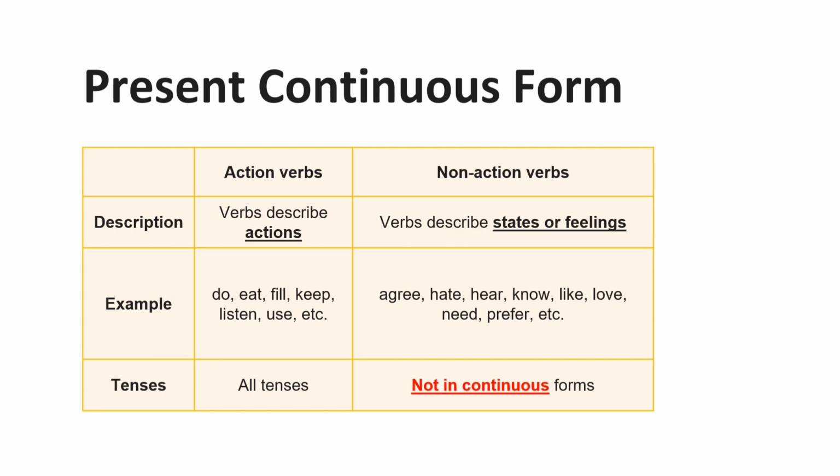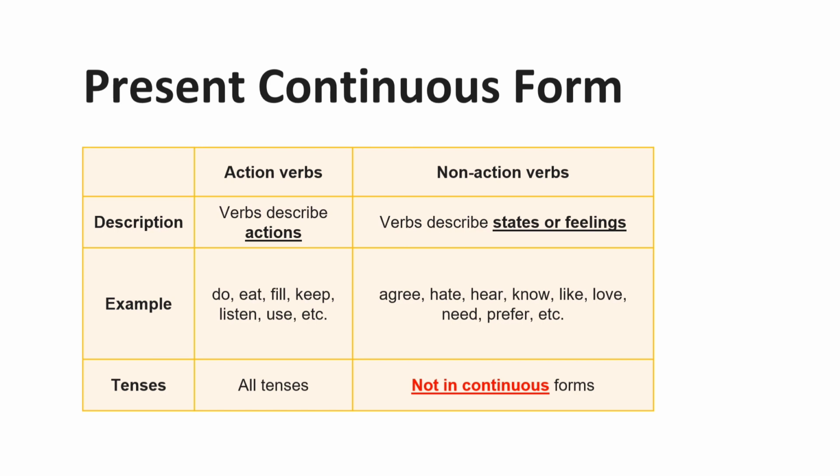Now the thing is, we can use action verbs in all tenses, simple tenses and continuous tenses. But non-action verbs cannot be used in continuous forms. So what does it mean? It means I can say, I love this food, but I cannot say, I am loving this food.